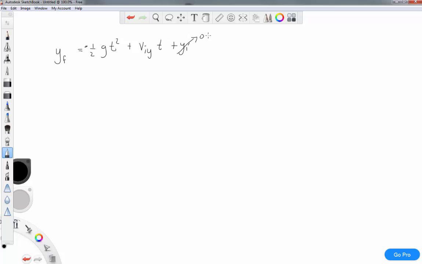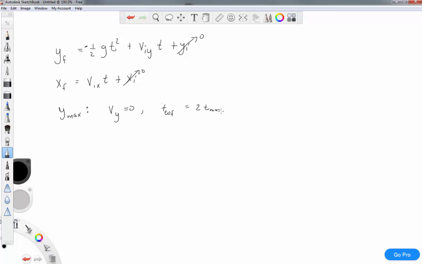And similarly, you say that x final is the initial velocity in x times the time plus the initial position, which we will also take to be 0. And finally, that when you reach y max, we'll say v sub y equals 0. And the total time of flight, TOF, is twice the time to get to this condition, T max y.